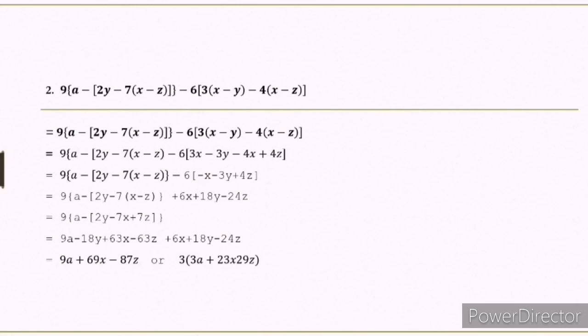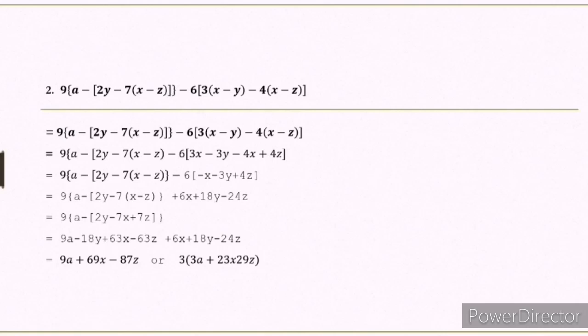Then quantity 9 quantity a quantity 2y minus 7 quantity x minus z quantity negative 6, then quantity 3 times x is equal to 3x, then copy the negative sign, then quantity 3 times y is equal to 3y, then the next parenthesis is negative 4 times x is equal to negative 4x, negative 4 times negative z is equal to positive 4z.